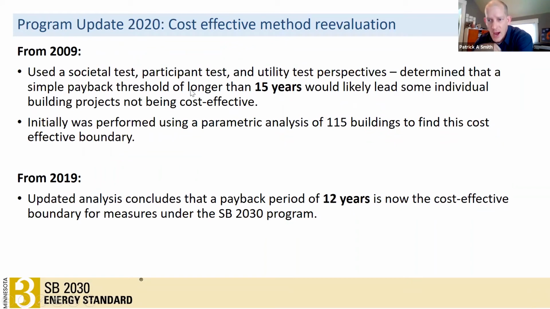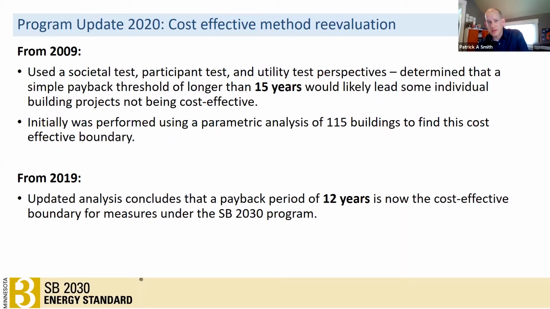In terms of how we treat cost effectiveness: initially, when we first booted up the SB 2030 program, we, being CEE and the engineering group there, D and Russ, looked at utility style cost effectiveness evaluations, because that's what the legislation that created SB 2030 tells us to do. We looked at these utility style calculations and methods within them, notably the societal test, participant test, and utility test, to find out what level of efficiency could be considered cost effective.